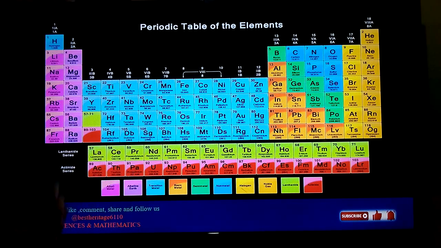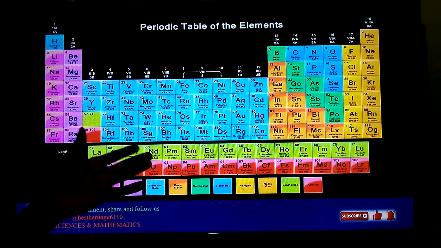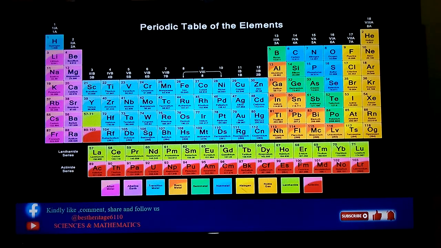Now, of essence for us is to note that as they were trying to do their work, they realized that there's a particular sequence whereby after every 8 elements, there's a repetition of the physical and chemical properties. And therefore, John Newlands came up with the concept of the law of octaves in reference to that repetition for the 8 elements, which repeat that cycle that we refer to as periodicity.